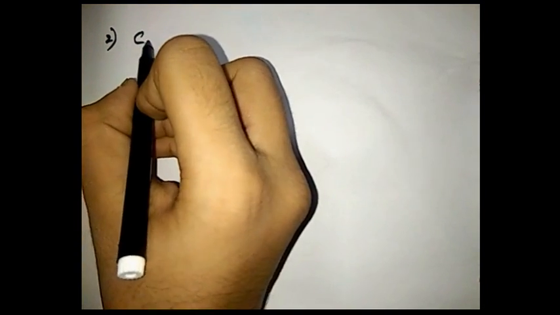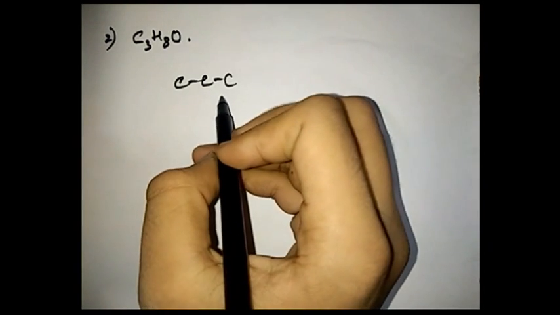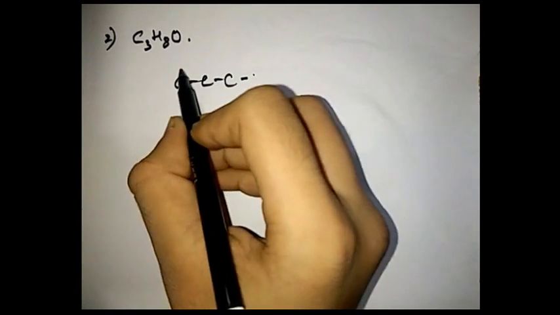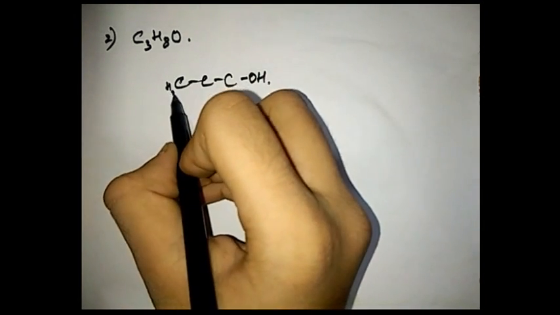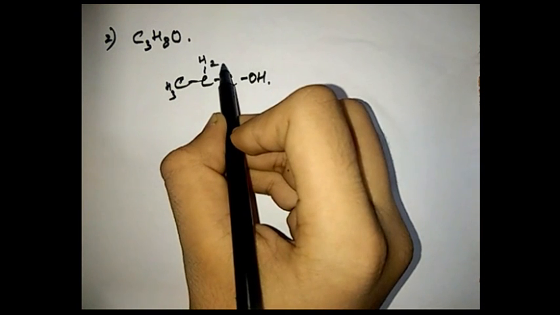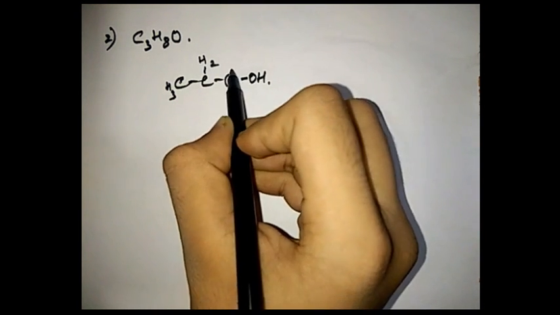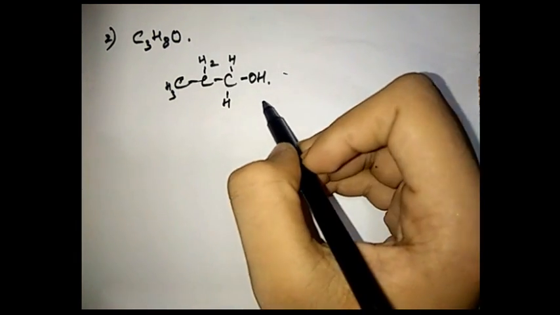The next example for positional isomerism, the second one, C3H8O. Now if you write this, filling in the H's, this is C3H8O.